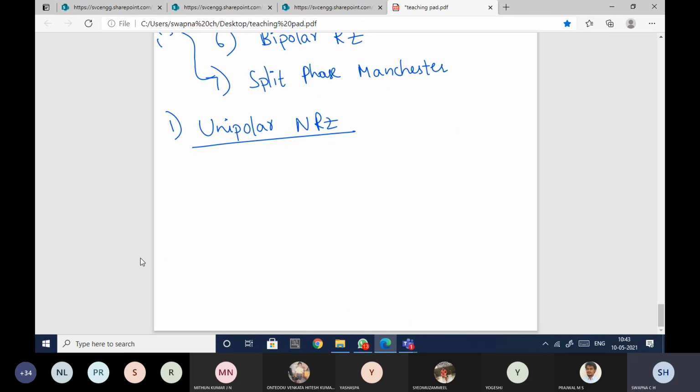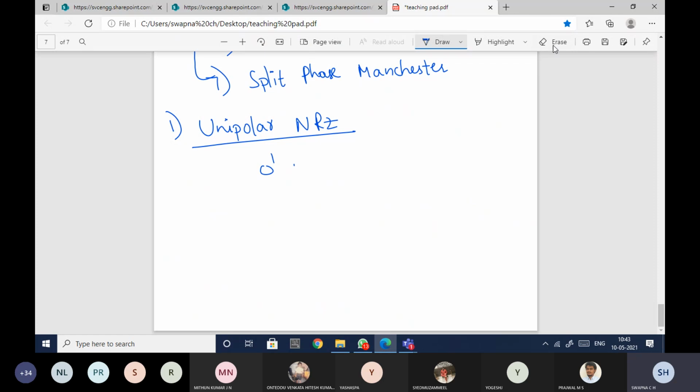Here in unipolar NRZ, if I have some zeros and ones in my data, let me consider the format 101101, which I want to represent using unipolar NRZ. x of t will be equal to A, or you can even represent it with 1, anything is fine, over the interval 0 to TB.